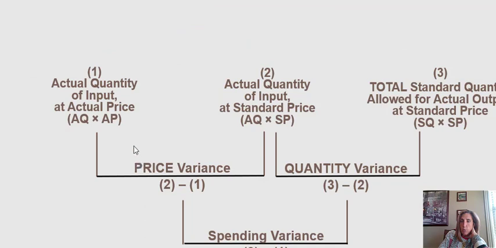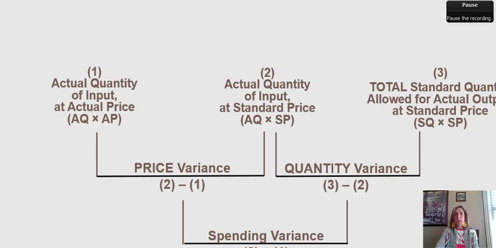Did you pay your workers what you should have paid them for that amount of actual time? So the direct labor quantity variance would actually be called an efficiency variance. It will say actual hours times standard rate.